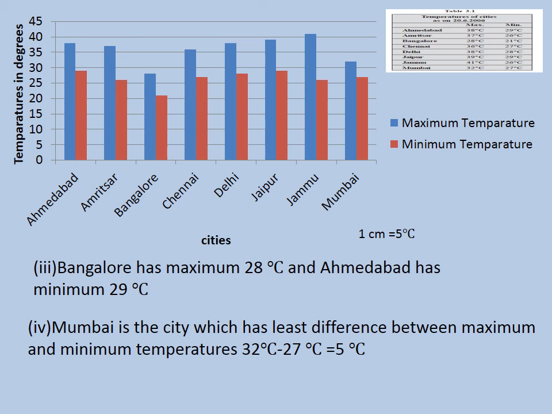Now let us answer the remaining two. Which city has a maximum temperature less than the minimum temperature of the other city? Now look at the bar diagrams. Maximum temperature is denoted by blue color and minimum temperature is denoted by red color.